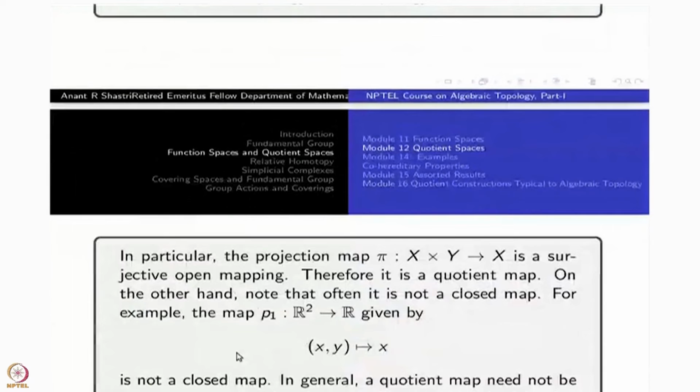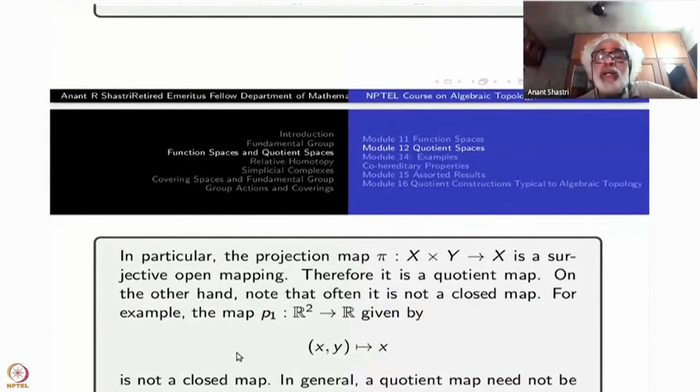But open maps are plentiful, namely all coordinate projections from any product space into any factor, X cross Y to X, X cross Y to Y, R2, R3, R4 to any of these coordinate spaces. They are all open maps, the projection maps.